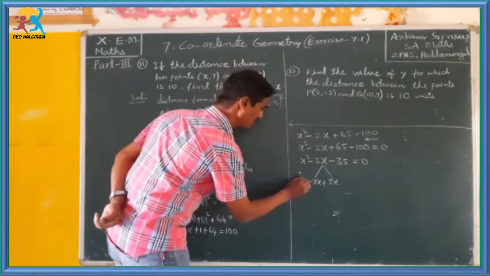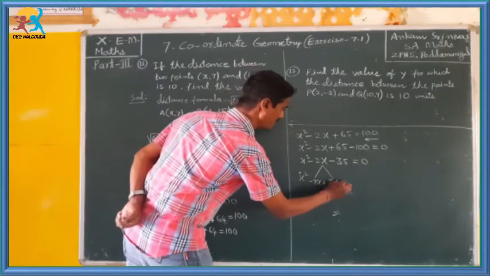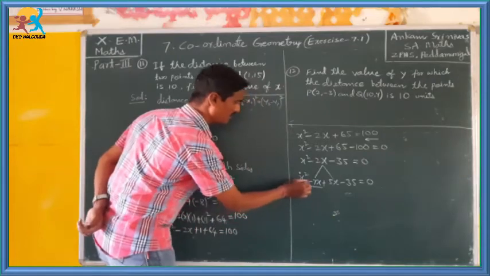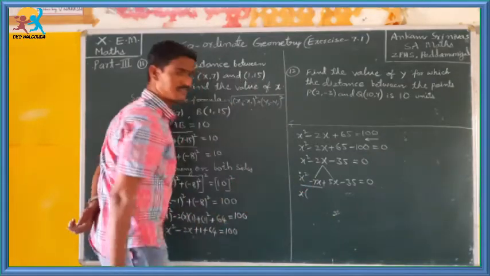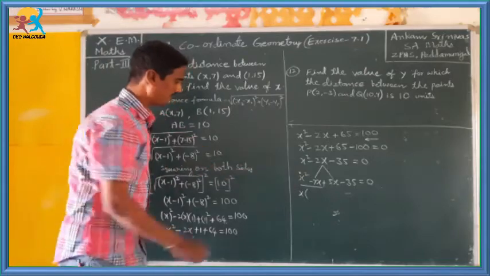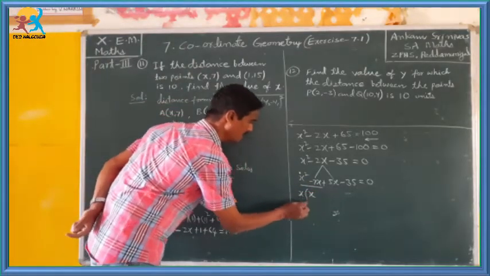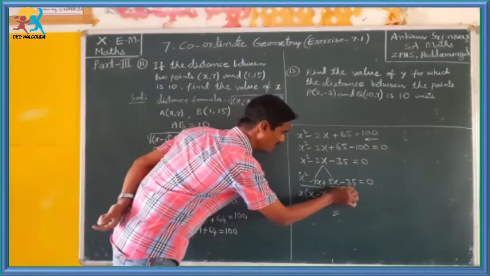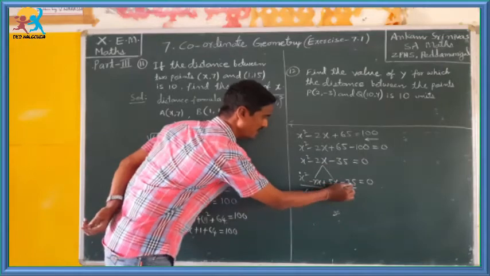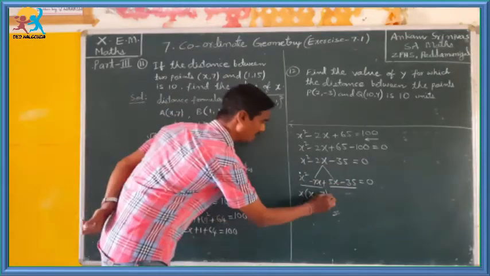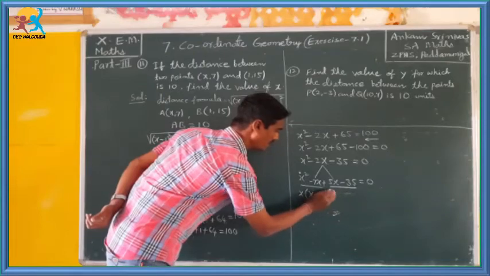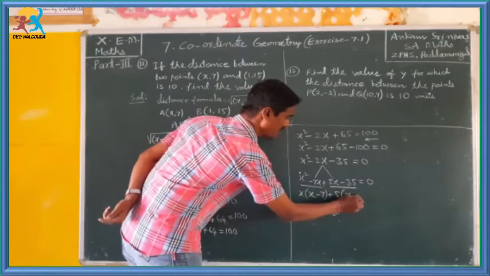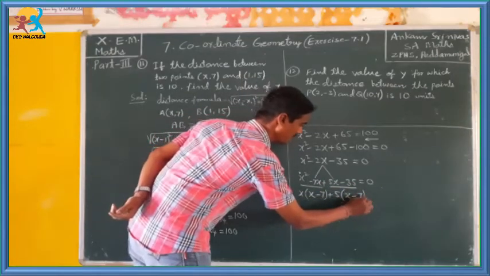So the first term as it is and the last term, the constant, as it is. Now take the common from these two terms, x is the common, then x square, remaining x, and minus 7. And take the common from these two terms, 5 ones are 5, 5 sevens are 35, plus 5 is the common, x remaining, minus 7, equal to 0.